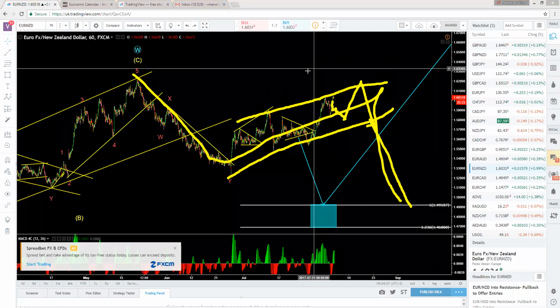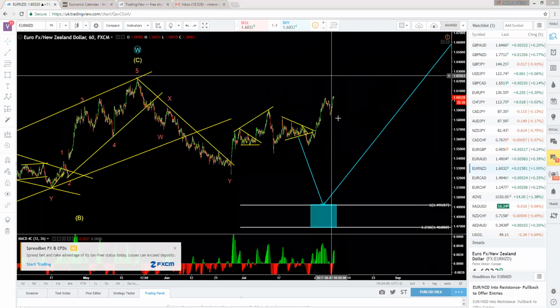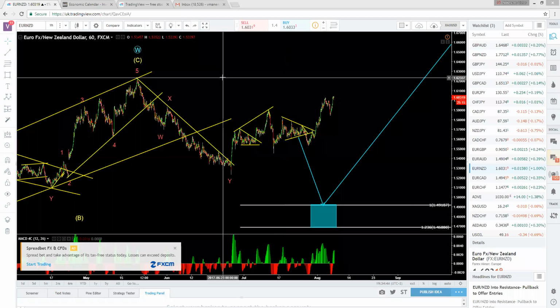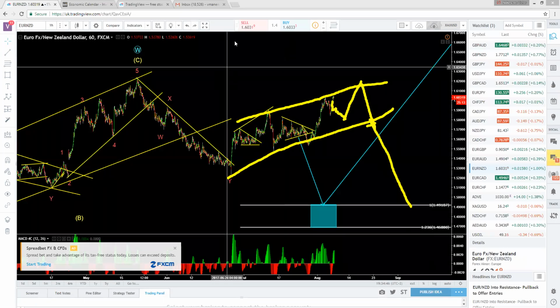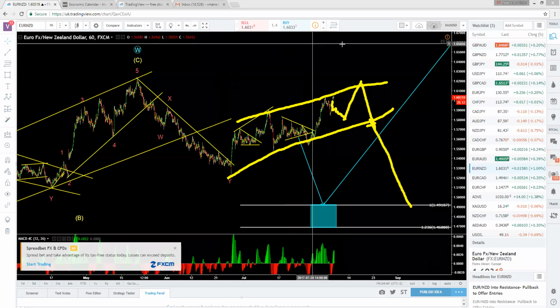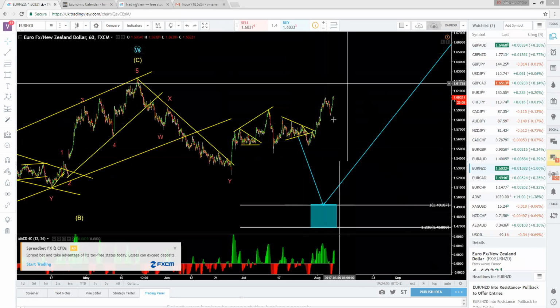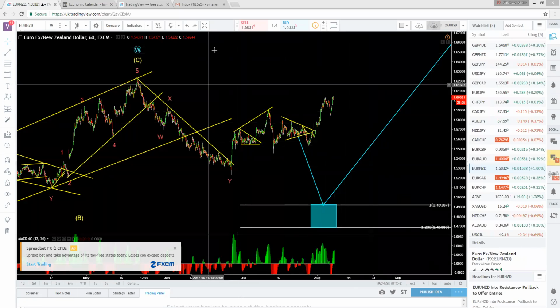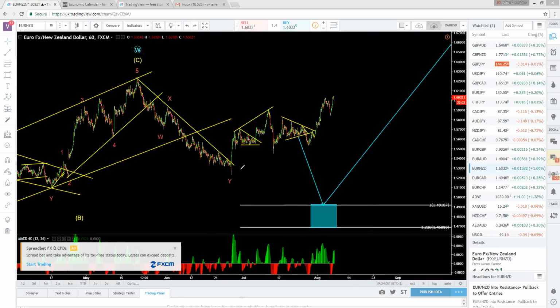So for now, no specific trade on Euro New Zealand. That's how we're looking at this one. Still upside, not completed, but we're still going to need to break this trend line here.